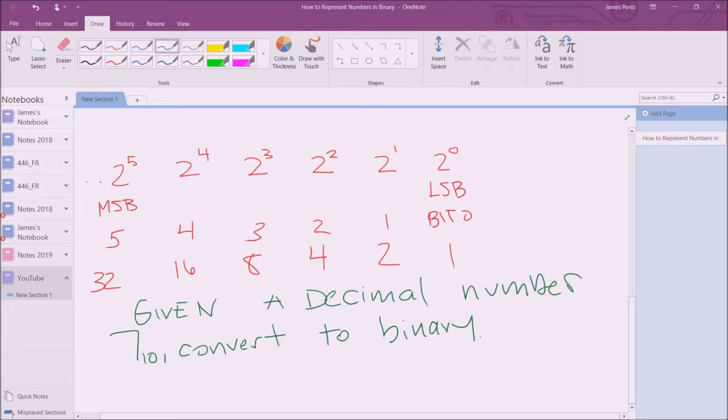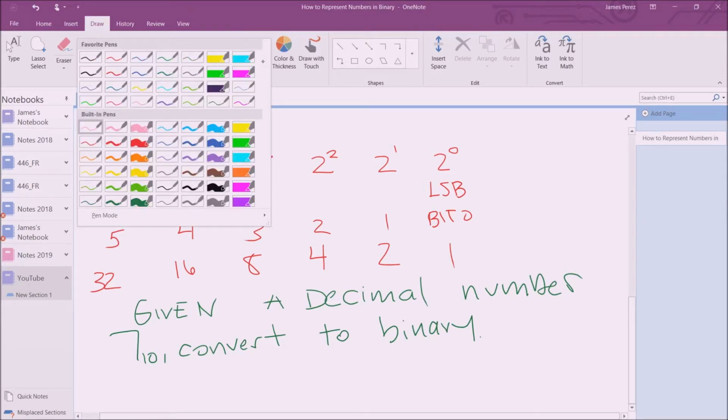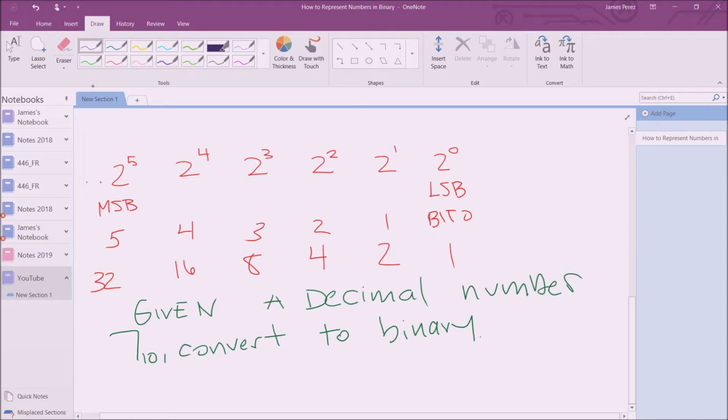So the first thing that you want to do is find the highest power of 2 that the number can be represented with without going over. So within the gray code, find the bit position where you can represent the number, not on its own but without going over.